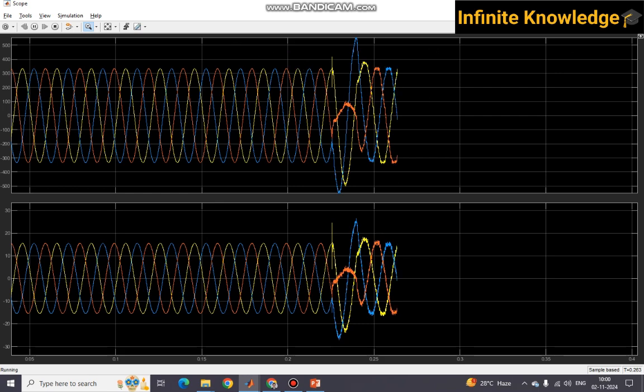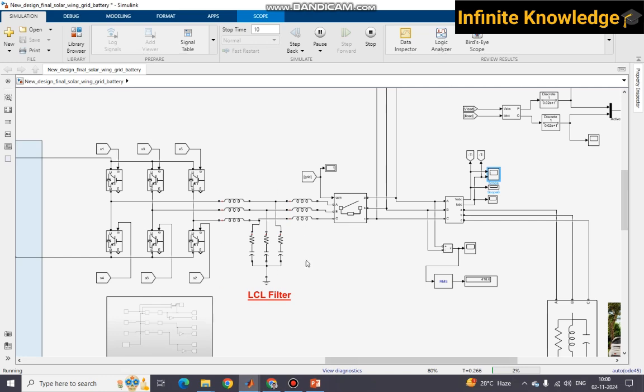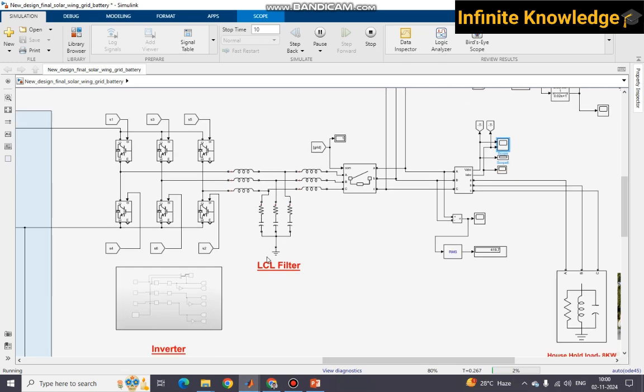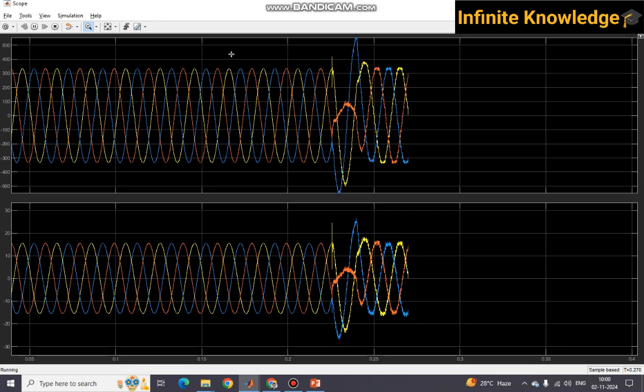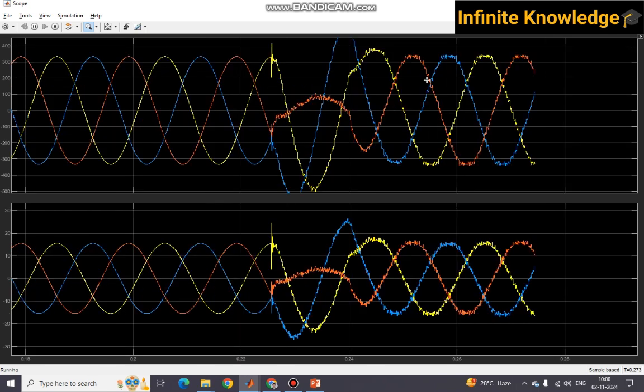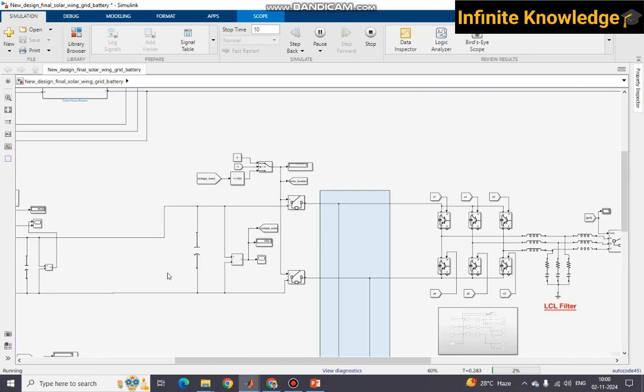It's obviously present because of the LCL filter and the inverter circuit, and you cannot design a pure sine wave inverter. It's too complex for this much load and this high ampere. So it is very nearly a sine wave, but obviously there is some ripple. Okay. So this is the supply taken by your load, and your battery is also getting charged.